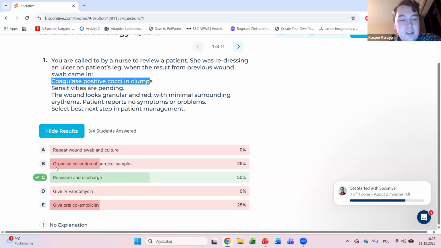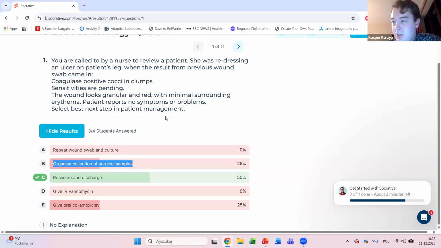As for why the other answers are wrong, collection of surgical samples is a nice idea if we are thinking about a tissue infection, though it will typically be more related to things like deep tissue infection. It's not a bad idea for an ulcer, especially if we think it's going deep and there is something bad going on.